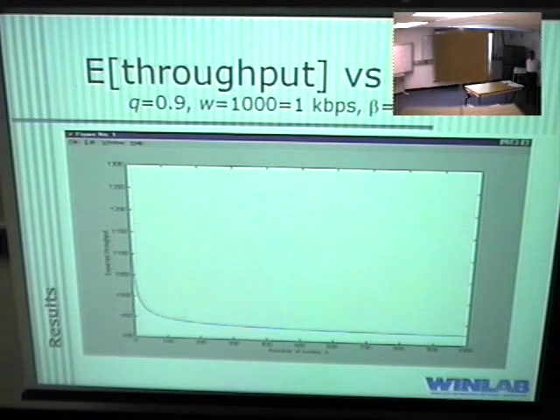So whether there are access points or not, the results are not much affected because there isn't too much interference anyway. Q equals 1. You guys agree?